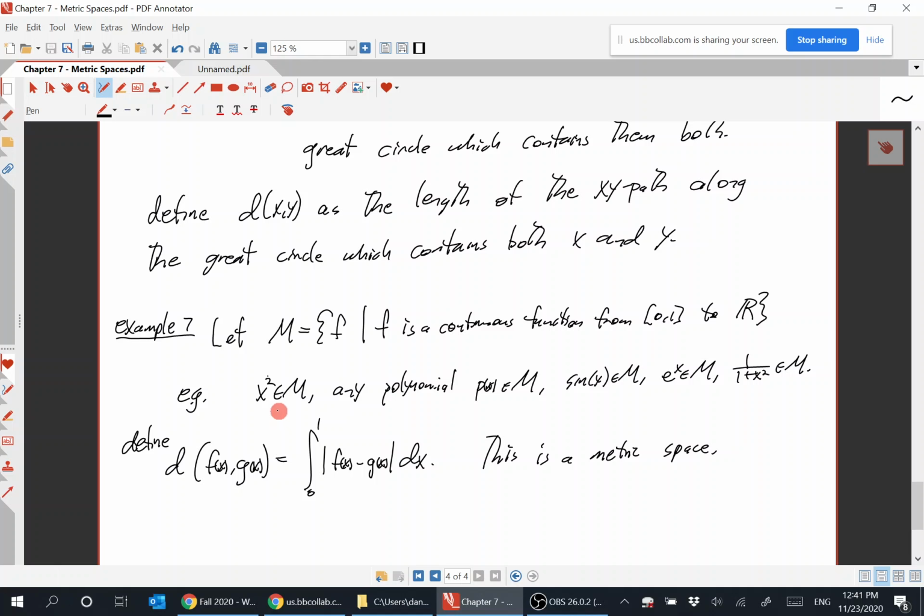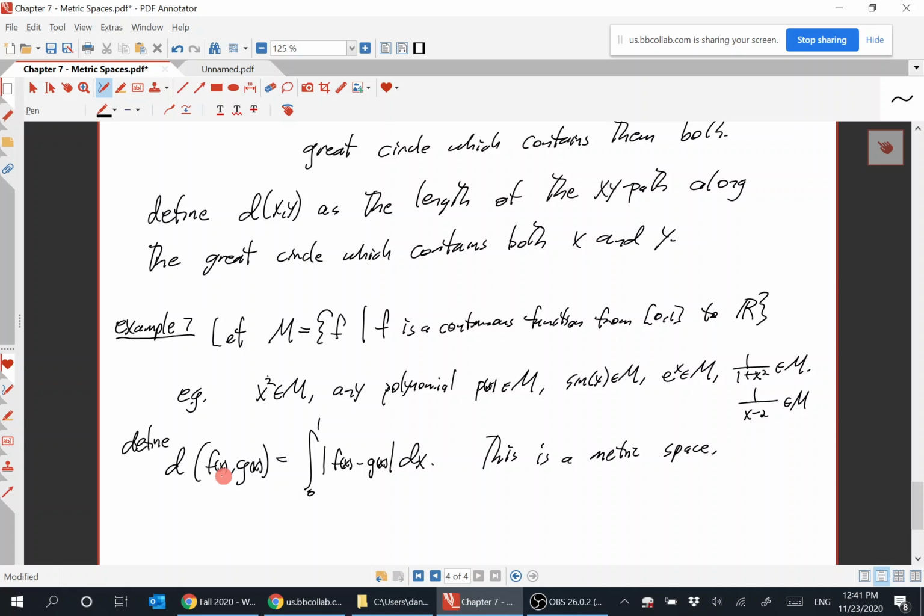For example, any polynomial p of x is in M, sine of x is in M, e to the x is in M. Rational functions like 1 over 1 plus x squared, where you don't have any vertical asymptotes between 0 and 1, that's in M. So like 1 over x minus 2, that'll be in M. It's not continuous everywhere, but the non-continuity is at 2, which is not in this interval.